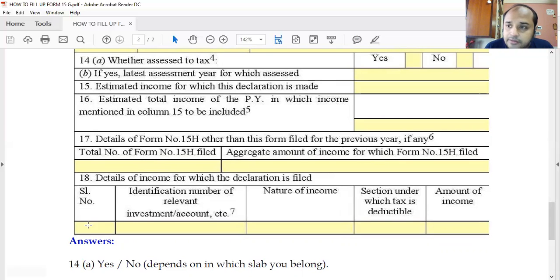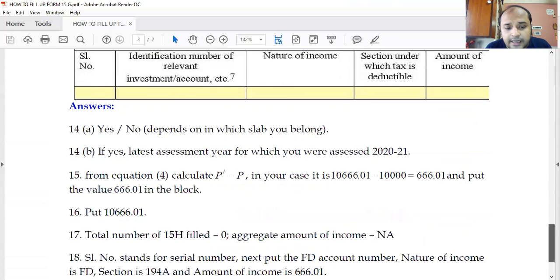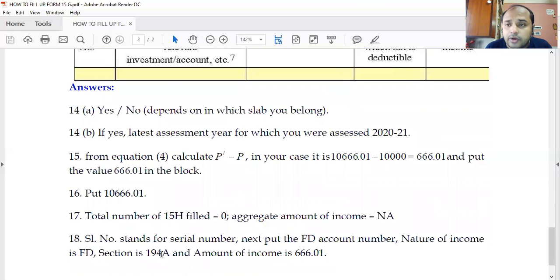Lastly, it comes to 18. In 18, you will first put serial number, that is 1. Suppose you have opened 2 FDs, so there will be 2 blocks, serial number 1 and serial number 2. Corresponding to both serial numbers, you are going to put your identification number, that is your FD account number. Your nature of income will be FD, and the section under which the tax is deductible will be 194A.